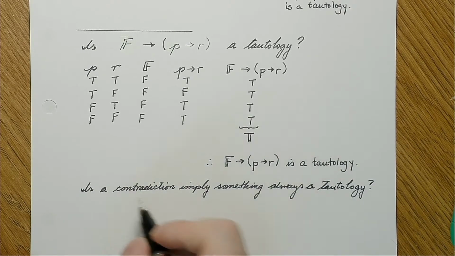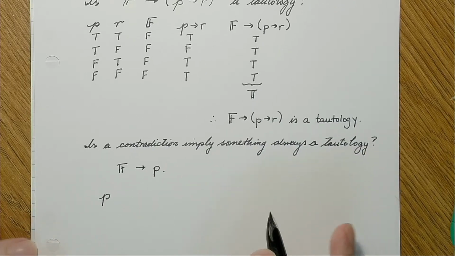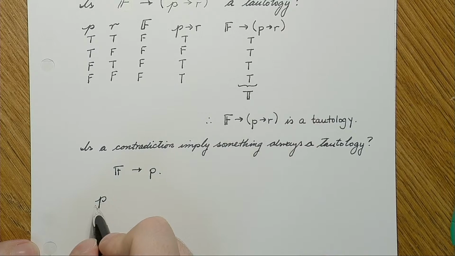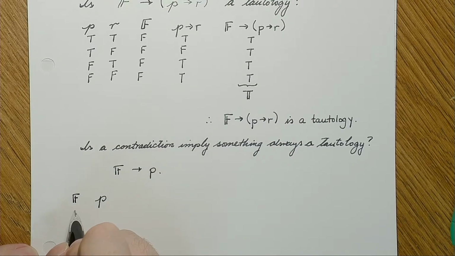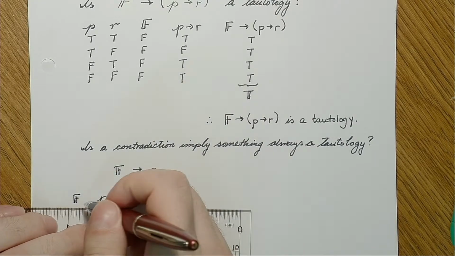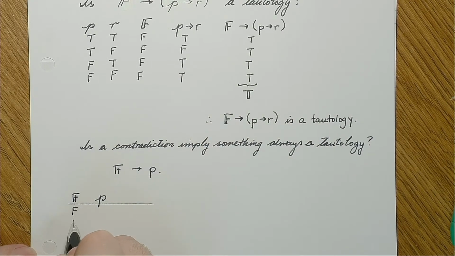Well, we can think of it as, let's just do F implies P. So you'll have P and let me just do F over here. So I'll have false, false.